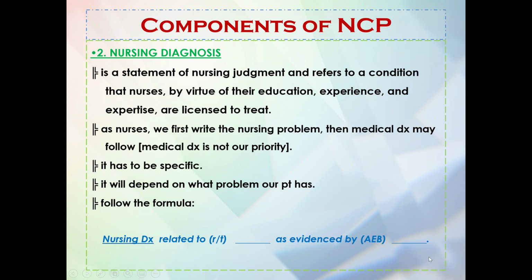This is called the PES format. It consists of three parts: the problem, the etiology, and the signs and symptoms. To make it simpler, the formula is: the nursing diagnosis related to blank as evidenced by blank. So this is the format.